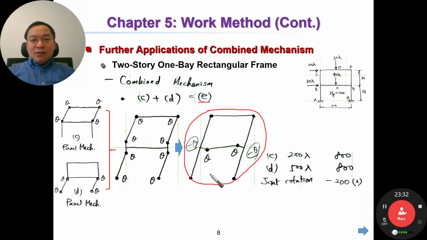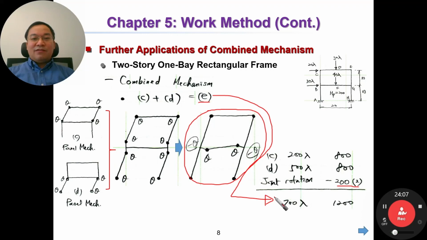Now because of the joint rotation at B and at G, we have to minus two hinges. Two hinges become 200 multiplied by 2 theta. And now the combined mechanism, C and D, it is E mechanism.